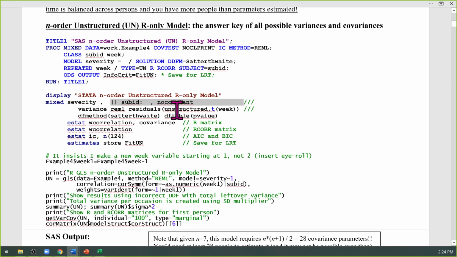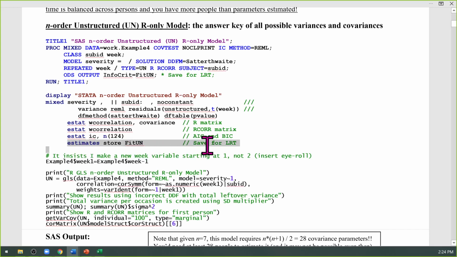And I am asking for an unstructured matrix using week as my index for level 1 time. So week is being used as an ID variable. That way, if there's any missing data, then I know which week a given observation came from and which row in the R matrix it should contribute to.